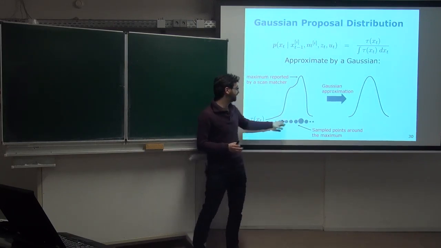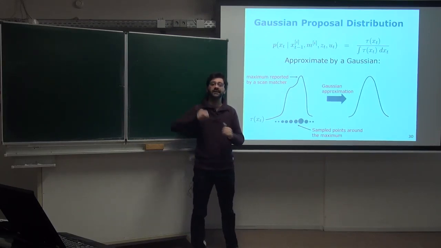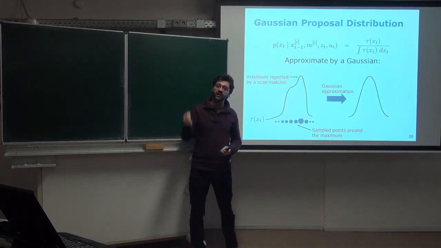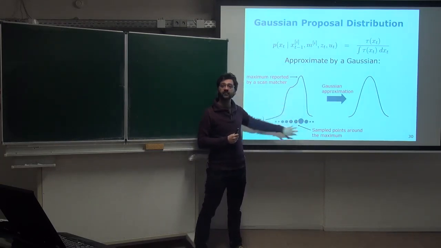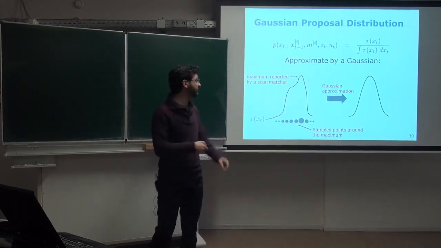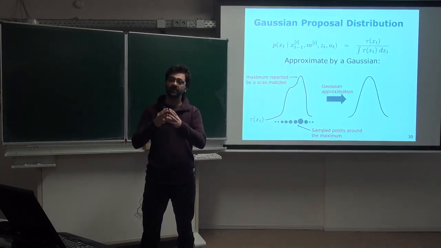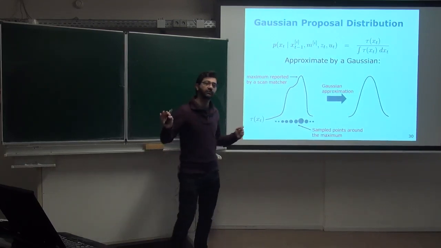So the idea is, if we can cover around the maximum of the scan matcher uniformly, and then we can get the Gaussian distribution, then given this Gaussian distribution, we can sample as many samples as we want with very low computational effort, instead of doing the whole importance sampling again and again. So the idea here is to reduce the number of likelihood evaluations. We first do a Gaussian approximation, and then we sample from that, okay? Are there any questions so far on that?